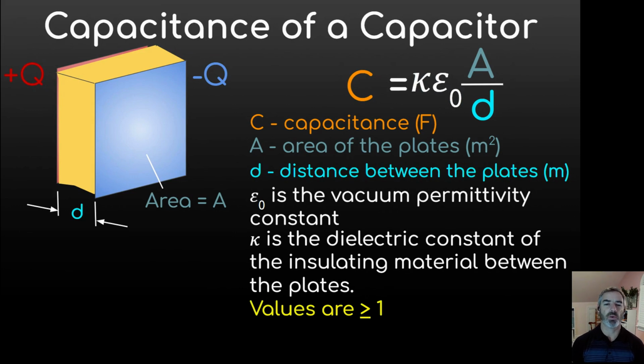Those values for dielectrics are greater than or equal to 1, so this is going to increase the capacitance if we have something with a value greater than 1. But for most of what we're going to be calculating, the material will be air, which is equal to 1. So that means we'll just be looking at epsilon naught times A over d.